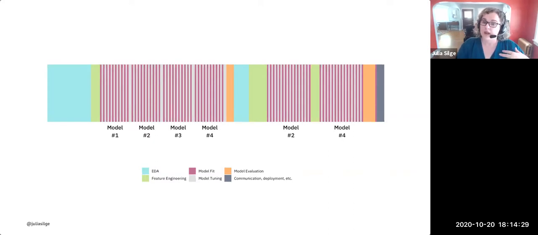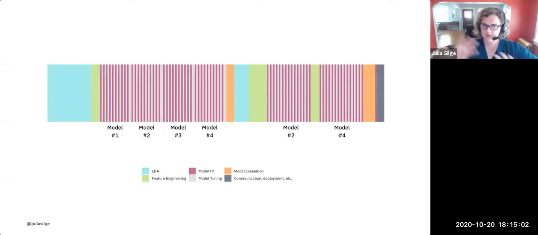We take what we've learned from the first round, and we go back and do some EDA again, because questions have arisen that we want to find the answers to. We do spend more time in feature engineering to be able to build more effective features. And then, we go back and we try, say, the two models that worked the best the first time and fit and tune them again before evaluating.